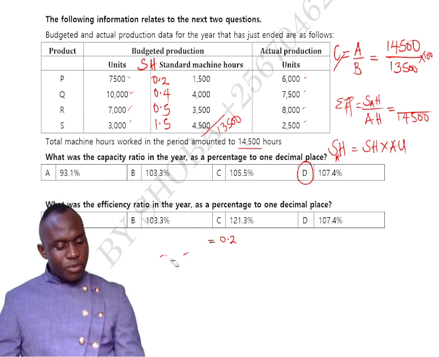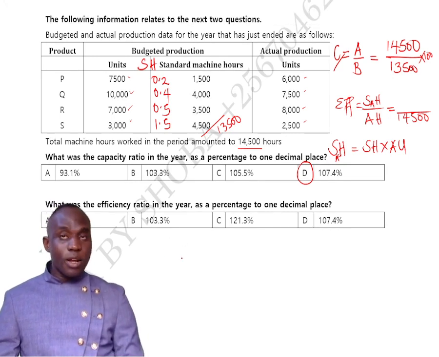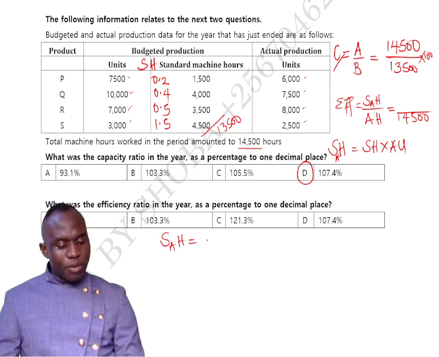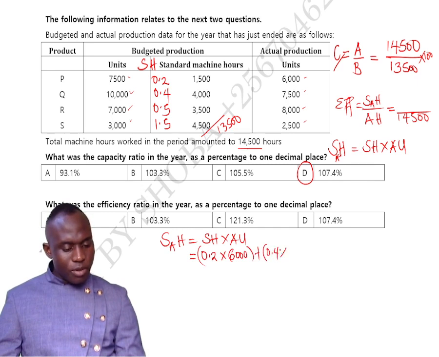So how do we calculate the total hours? So total hours would be total standard hours. It is going to be the standard time per unit times the actual units. So this is going to be in total 0.2 times we actually produced 6,000 units. So that is for P. Then for Q it is 0.4 times 75.